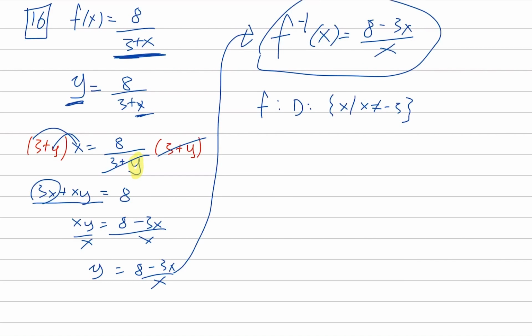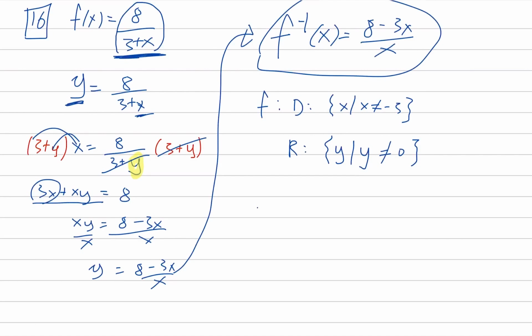And what about the range? y such that y. Here, we have to think about what number we cannot have as an output. It would be 0. We cannot have y equal 0 because 8 divided by any number can never give us 0.